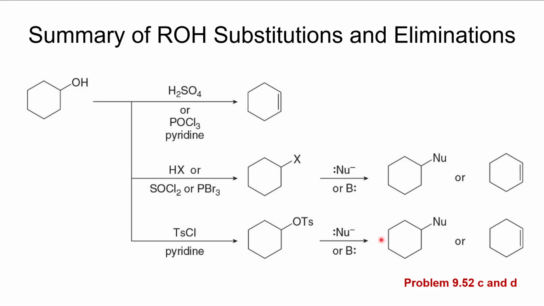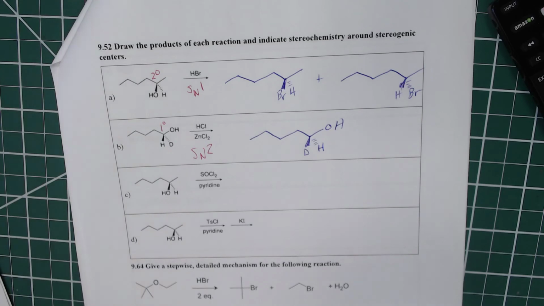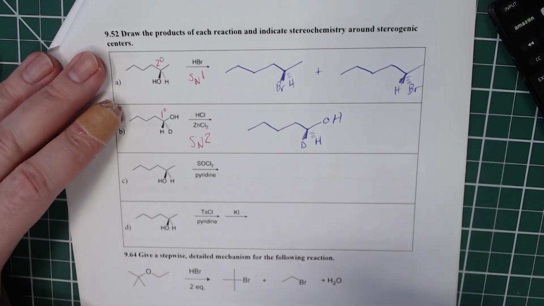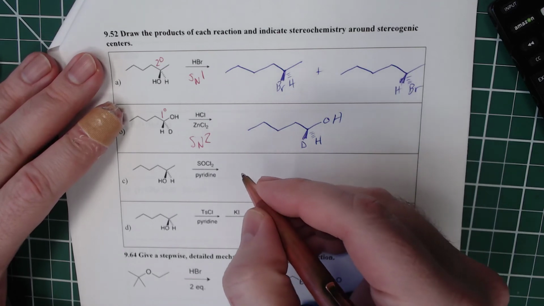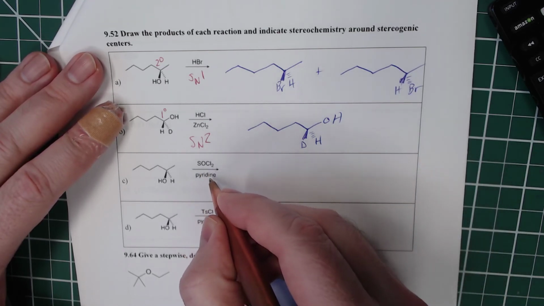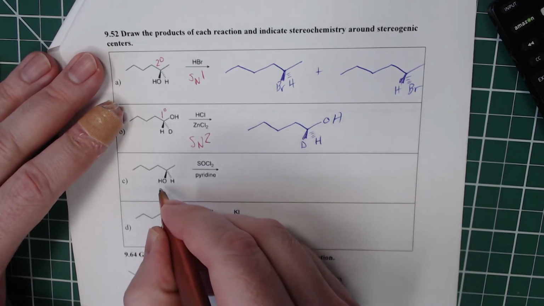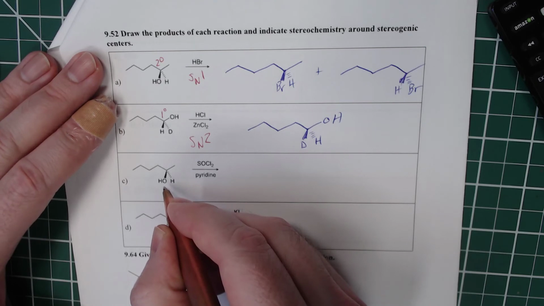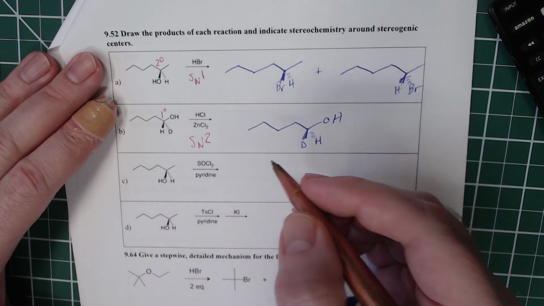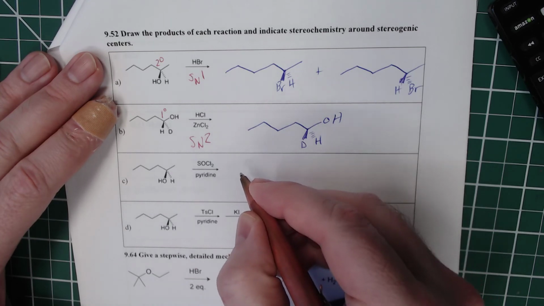Let's look at parts C and D. Switch back over here. So here are parts C and D. All right, so the thionyl chloride plus pyridine is going to turn this into a chloride, but because it does it by SN2, we're going to get inversion.